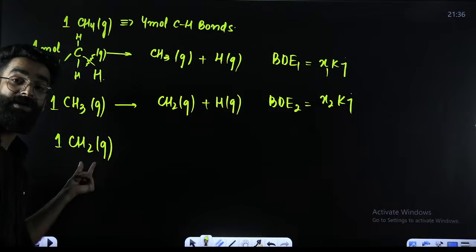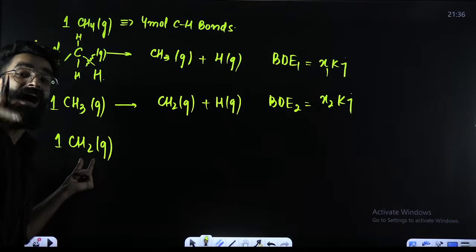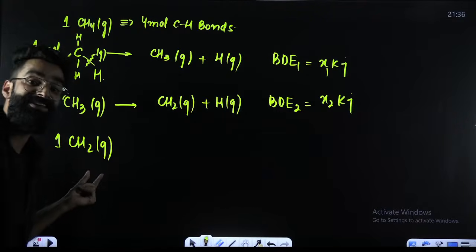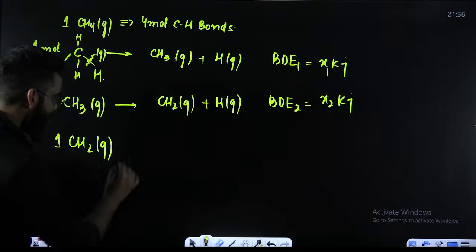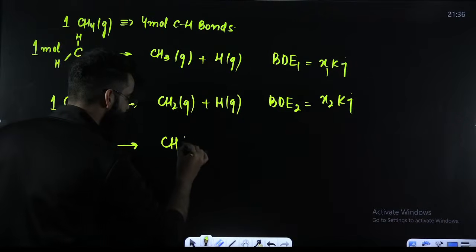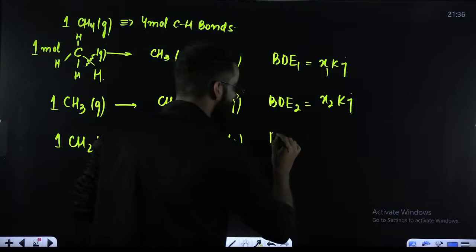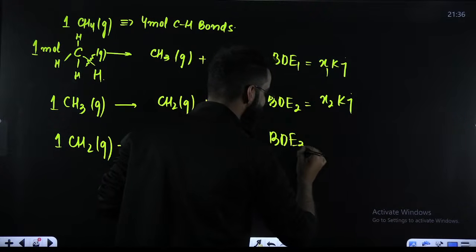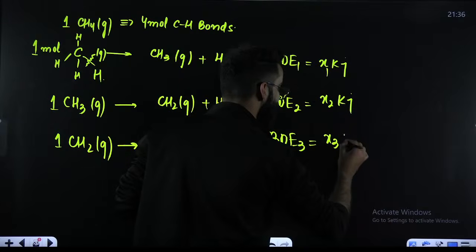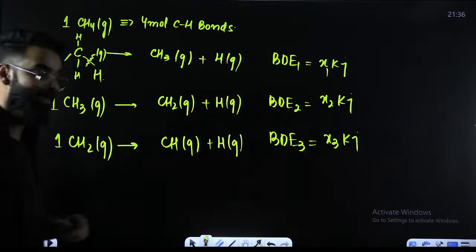Now, I'm left with 1 mole of CH2 gas. In 1 mole of CH2 gas, there are 2 moles of CH bonds. Out of those 2 moles of CH bonds, imagine I need to break 1 mole of CH bond. What do I get? CH plus H. The amount of energy needed in this case is bond dissociation energy 3, that is X3. Now, what do I have?